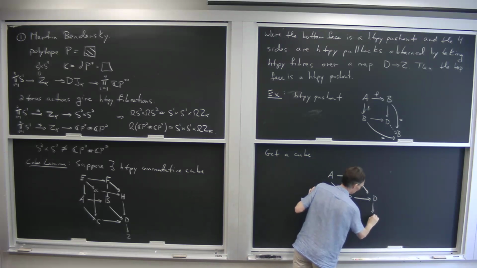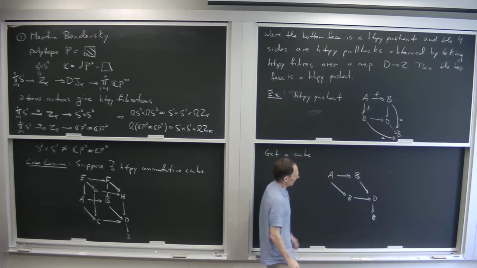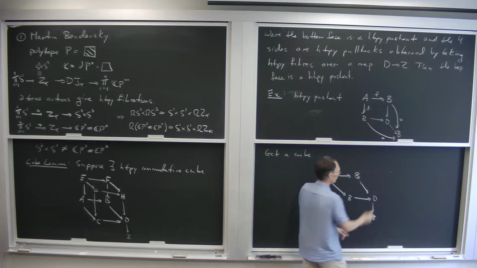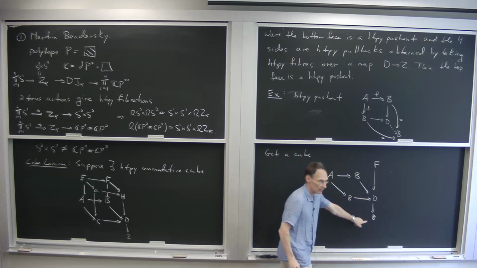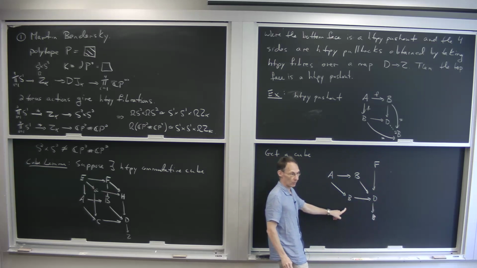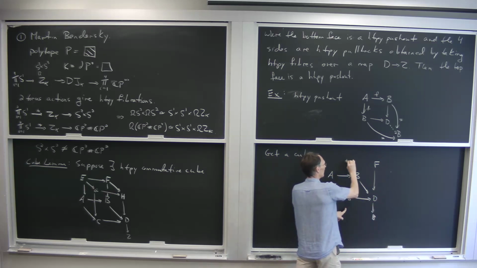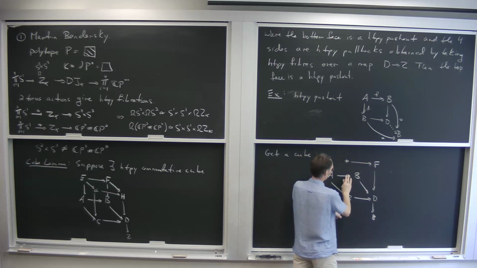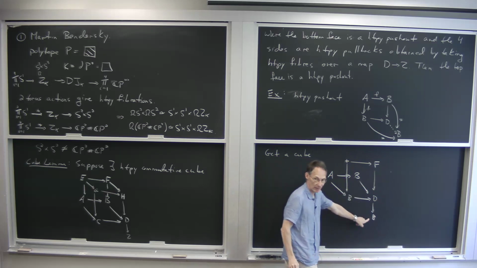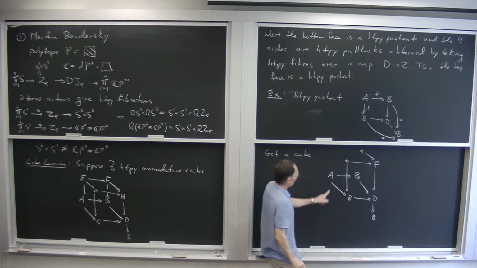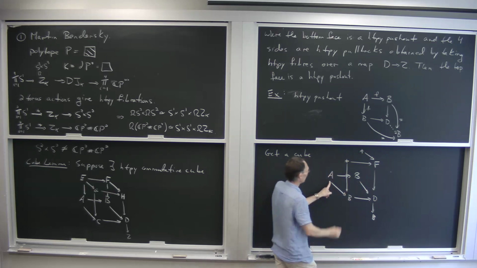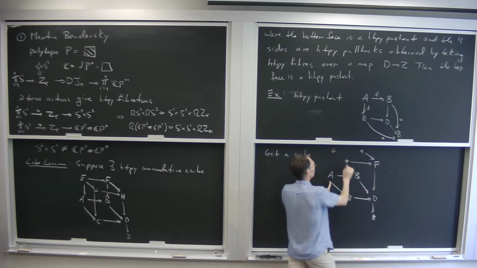Looks like this. All right. The fiber from D into B is some space F that we're trying to figure out. The fiber from B into B is just a point. The fiber from this B into B is just a point. And the fiber from A into B is some space G.